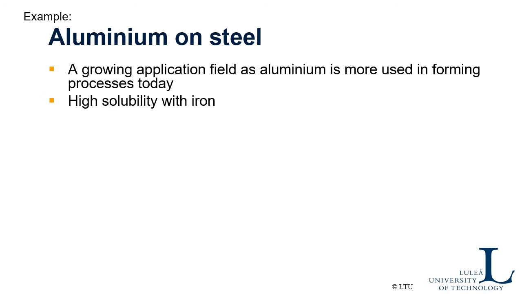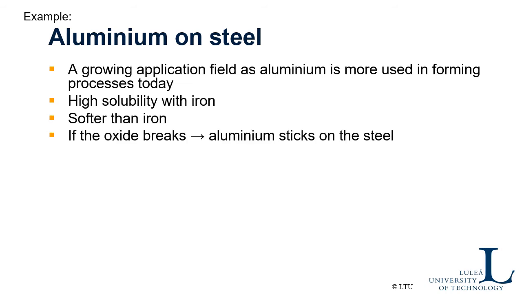And since it has a high solubility with iron and is softer than iron, it can create big problems if the oxide layer breaks. Remember that aluminium has a strong oxide layer, so you have a layer that separates the aluminium atoms from the iron atoms on the steel.